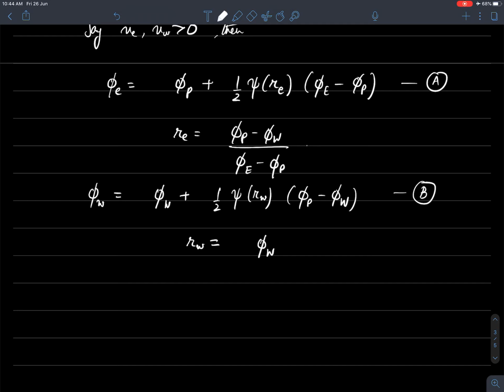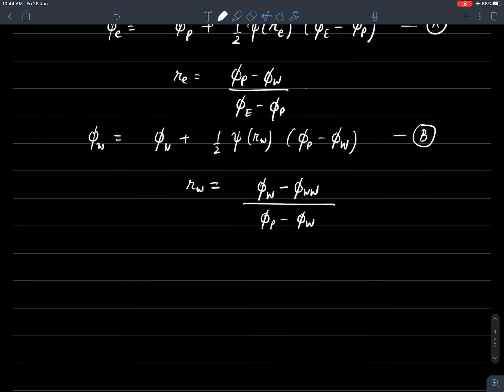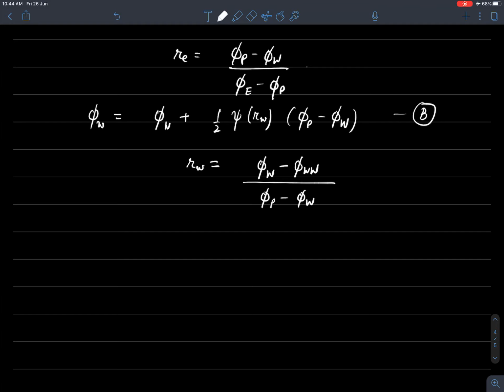So at the west face we'll have upstream to be phi_W minus phi_WW, and downstream would be phi_P minus phi_W. Remember this variable r, as I'm reiterating, it's a local ratio of upstream to downstream gradients.